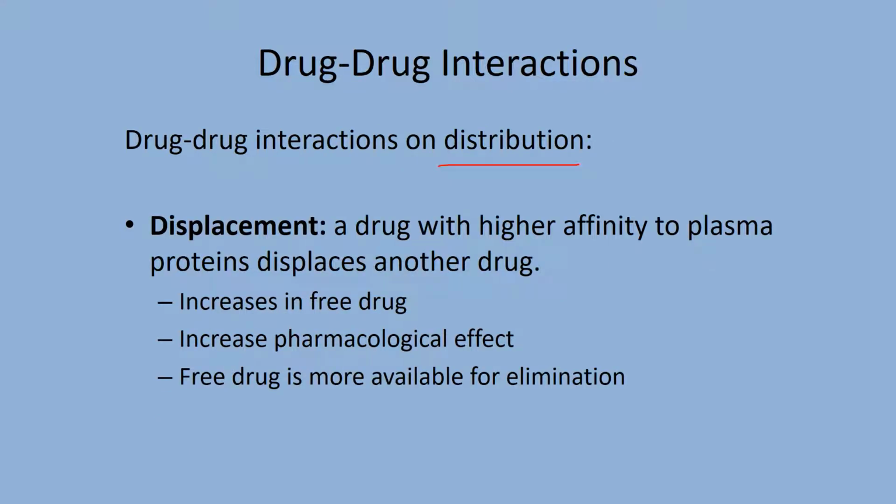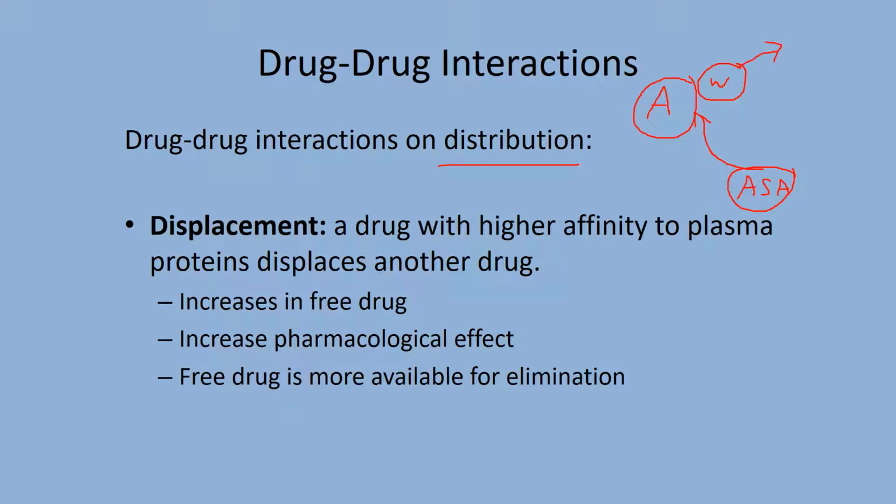Distribution. So now that the drug is already in the blood, displacement will affect its distribution. Displacement occurs with plasma protein, for example, albumin. Albumin will usually bind Coumadin, warfarin, very well, about 98% binding. However, if you take some aspirin at the same time as warfarin, albumin likes to attach to aspirin more than it does to warfarin.